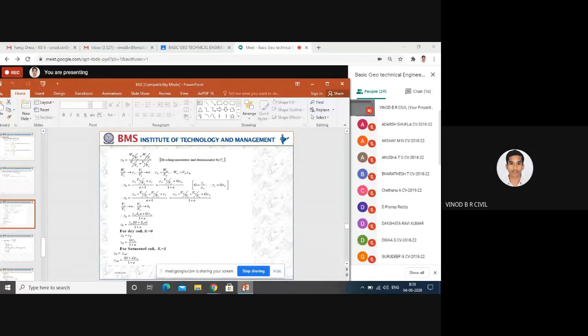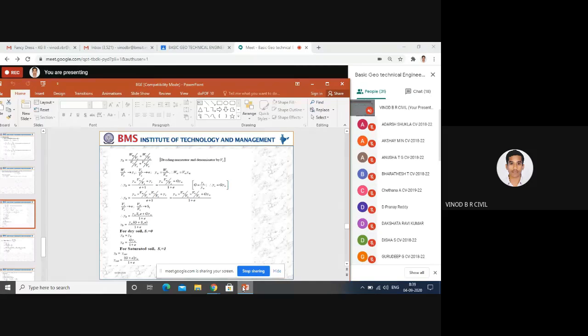So by cross multiplication, weight of water is equal to volume of water into unit weight of water, gamma w. Therefore gamma b is equal to unit weight of water into volume of water divided by volume of soil, plus gamma s, unit weight of soil, divided by e plus 1.